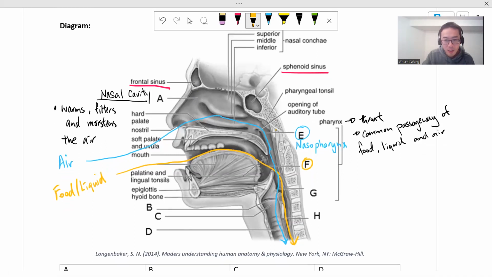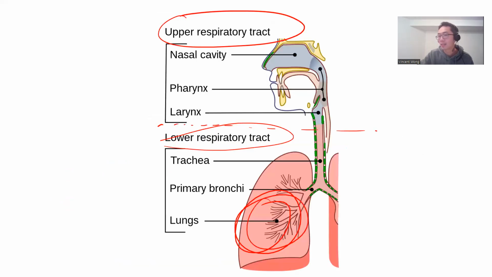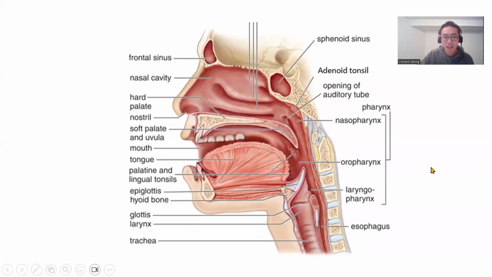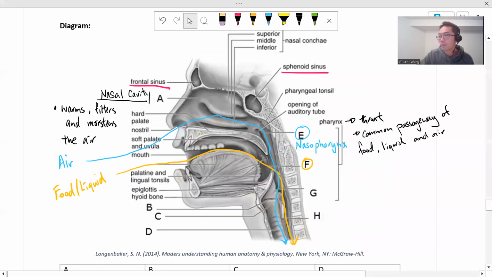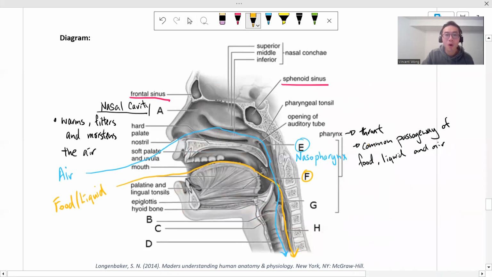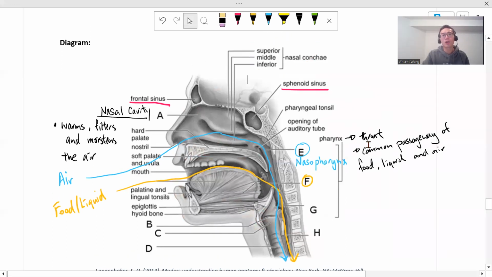The superior, middle, and inferior nasal concha. You're looking at the PowerPoint. It's on there, like the three ridges. I don't know how to explain it. No, that's just the foldings in the nasal cavity.